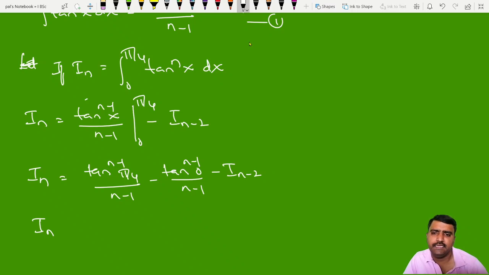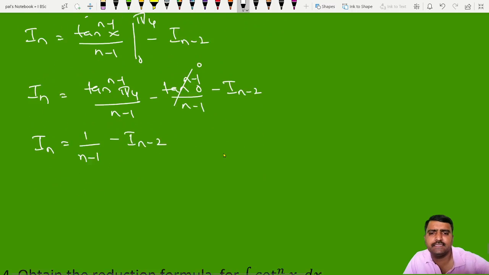That is, in is equal to tan pi by 4, value is 1, divided by n minus 1. This is 1 divided by n minus 1. Tan 0 is 0 minus in minus 2. Take this in minus 2 to the left hand side. So then it becomes in plus in minus 2 is equal to 1 by n minus 1.